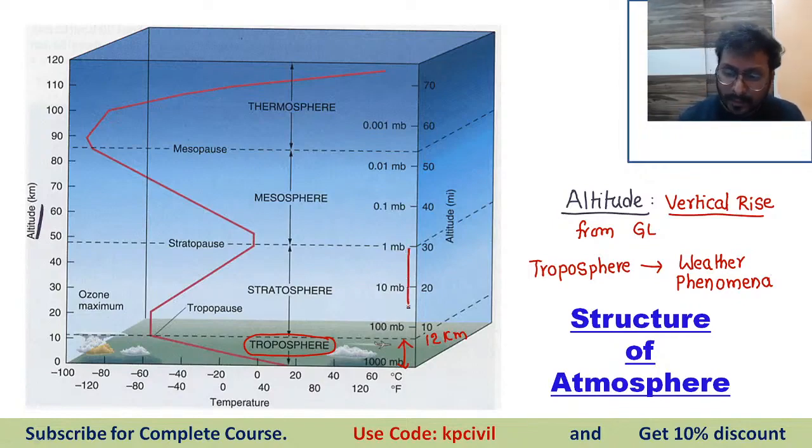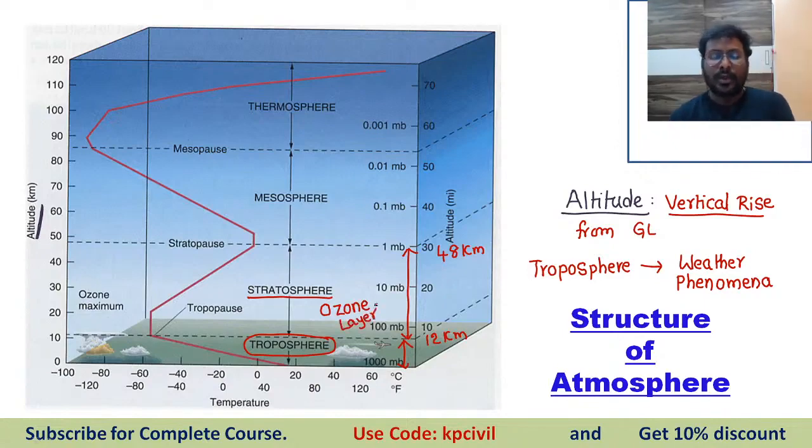Then 12 to 50 kilometers, or we can say 12 to 48 kilometers, is the stratosphere, which is the zone of the ozone layer. Everyone knows about the ozone layer very well.